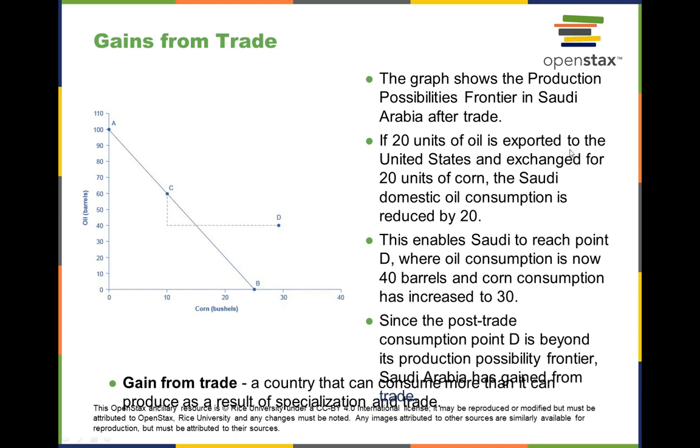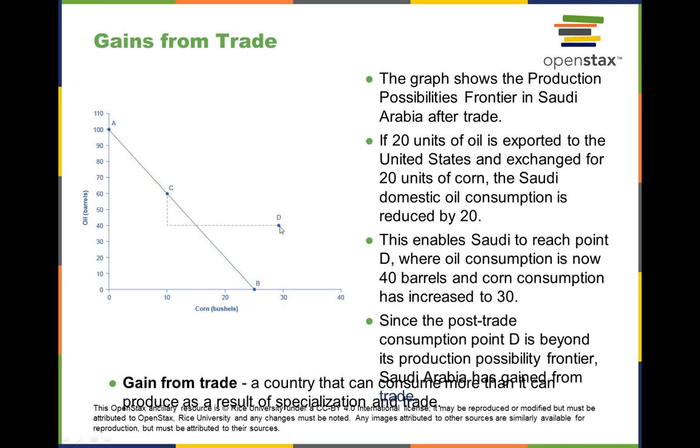If 20 units of oil are exported to the United States in exchange for 20 units of corn, Saudi domestic oil consumption is reduced by 20. This enables Saudi Arabia to reach point D, where oil consumption is now 40 barrels and corn consumption has increased to 30.